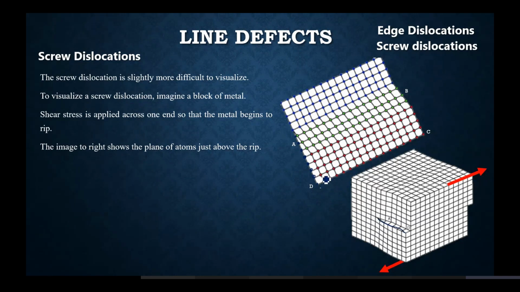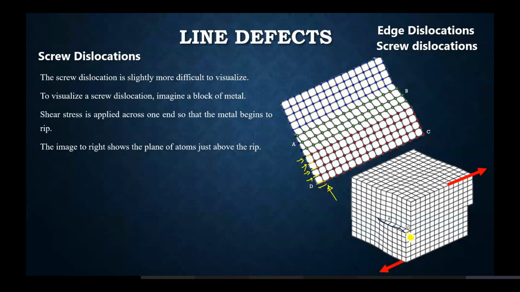Now, what has happened due to the shear that you have applied? The atoms appearing in the red color have moved a complete one step, a complete atomic distance, and they have acquired new positions.